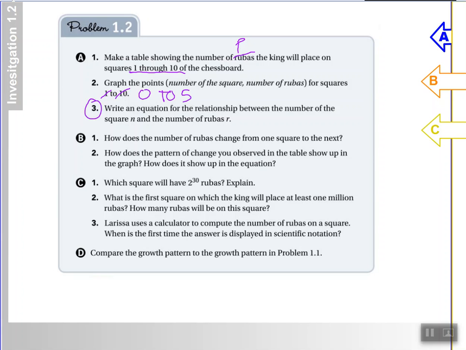We already have that equation, so we're good. I do not want you to do question B. We already talked about that observation, so don't worry about it. So I do want you to do question C, and most importantly, the question I want to know is how many pennies are on the last square of the chessboard? I'm going to add that piece. How many pennies are on the last square of the chessboard?